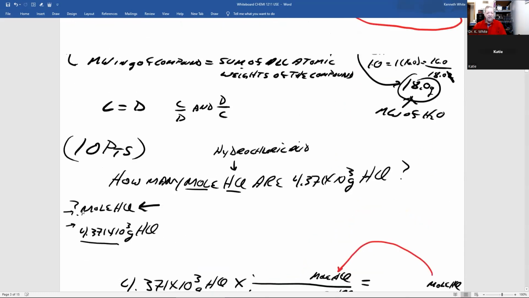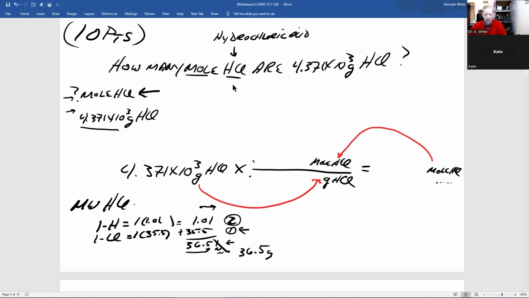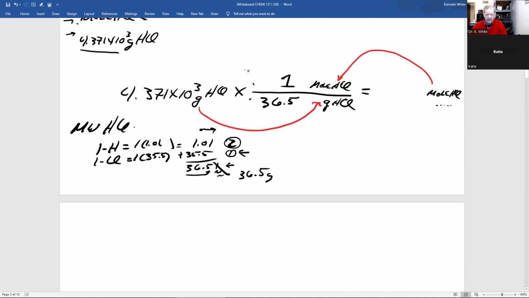And let's remember, 1 mole of a compound equals the molecular weight of that compound. So 1 mole of hydrochloric acid, HCl, equals the molecular weight of hydrochloric acid. Now, before I pick up my calculator, check your units.